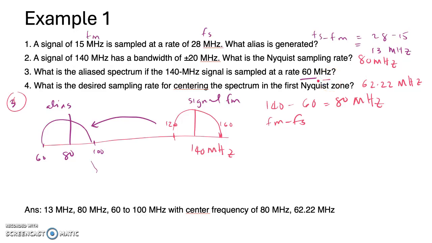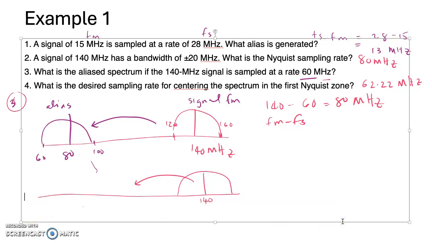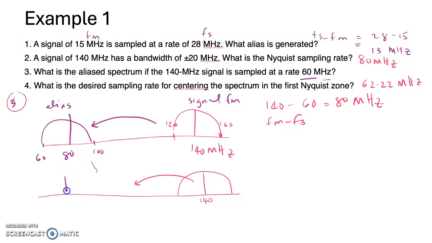So if that was the case, we would need to down convert this like so. Again, we have the same signal. This is 140. If I am down converting this, it will produce an alias spectrum.